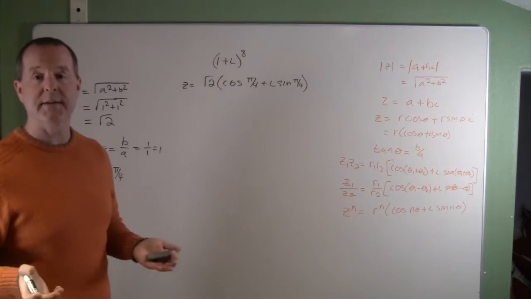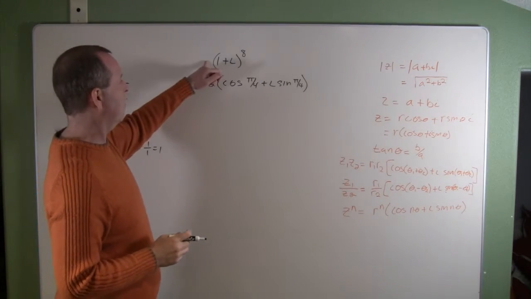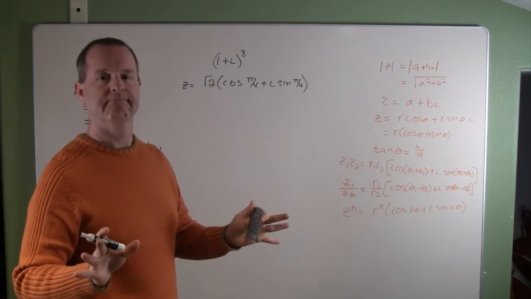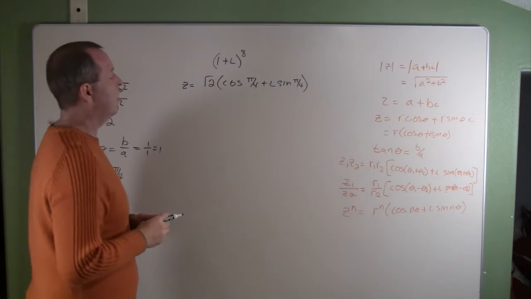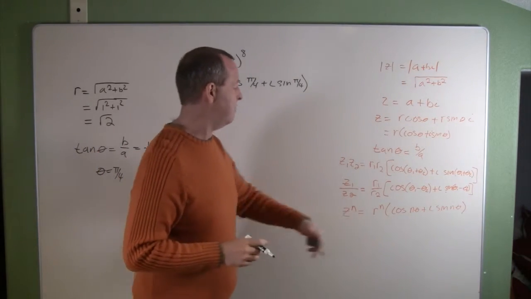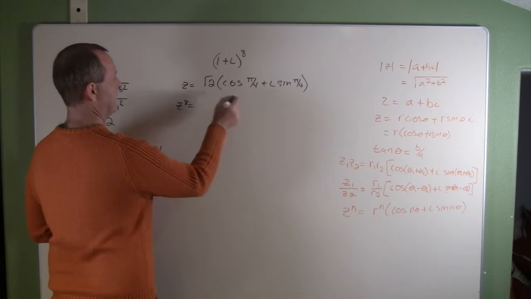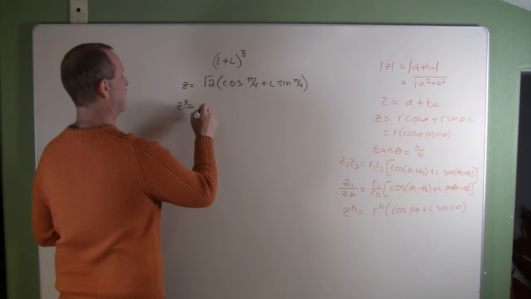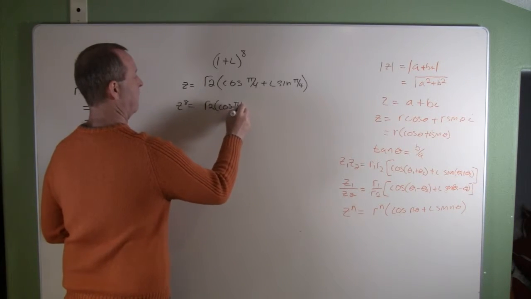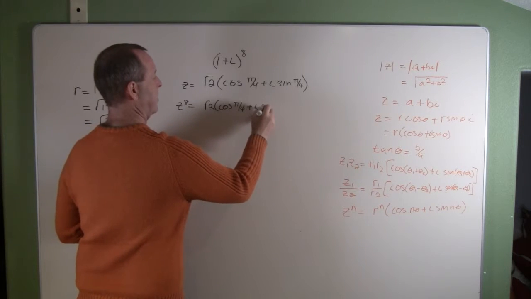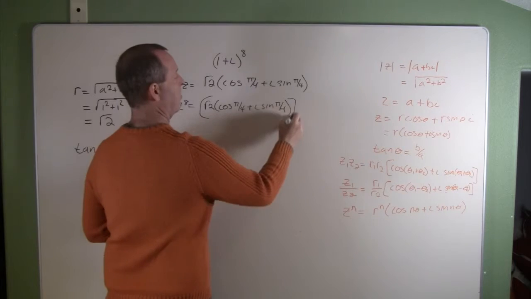All right, so the first thing I was able to do was convert it from rectangular form to polar form. Now I can use DeMoivre's theorem to take its power to the 8th power. So I want to go z to the 8th equals this entire thing right here, root 2 times cosine of pi over 4 plus i sine pi over 4, all to the 8th power.